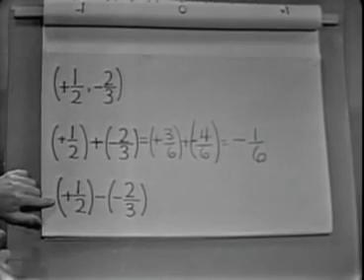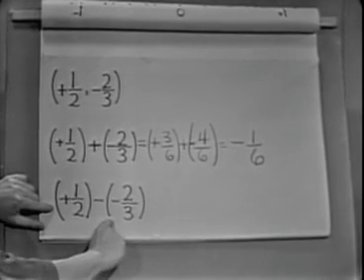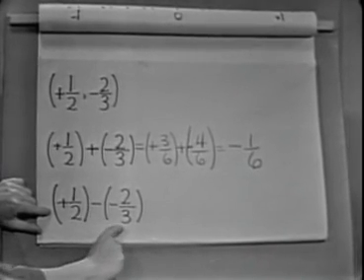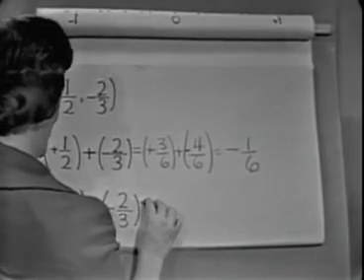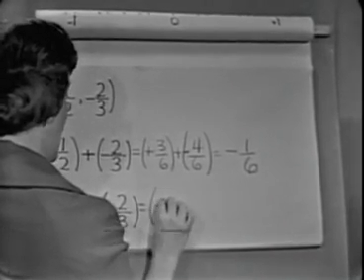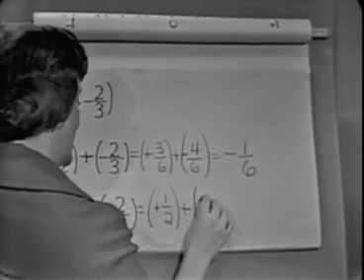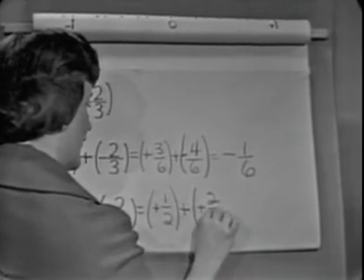But let's consider the difference of this pair. We can express it in this way. As for integers, to find the difference, we add the additive inverse of the second to the first. We can write positive 1/2 then, plus a positive 2/3.